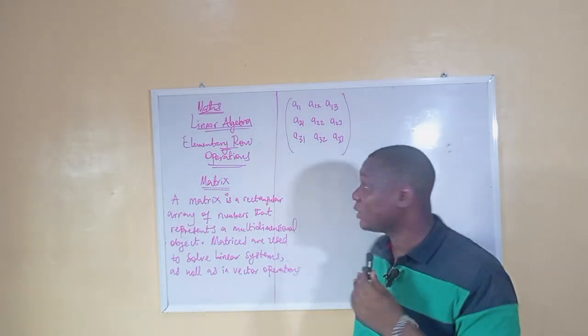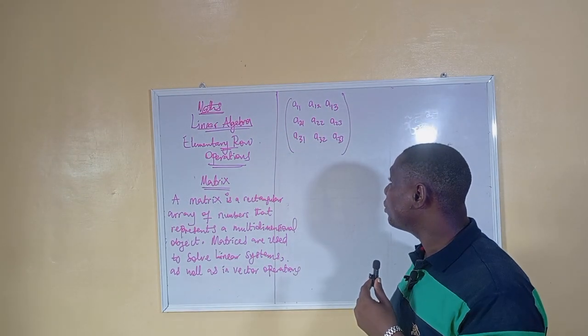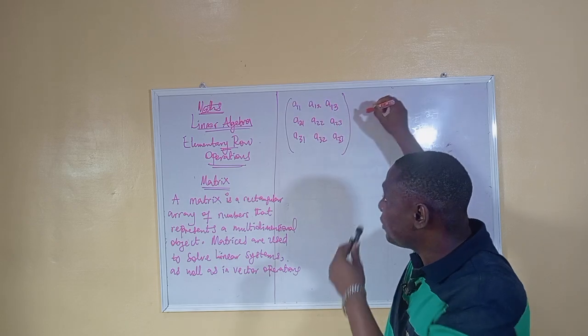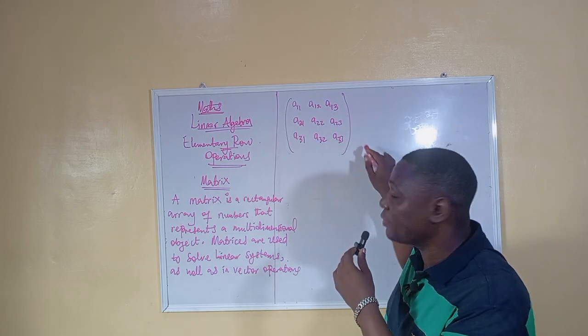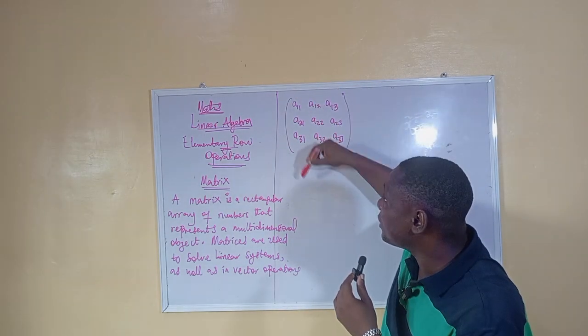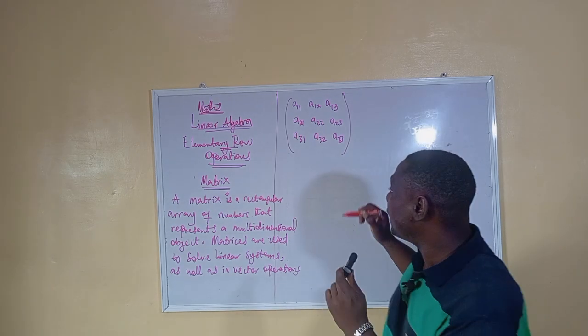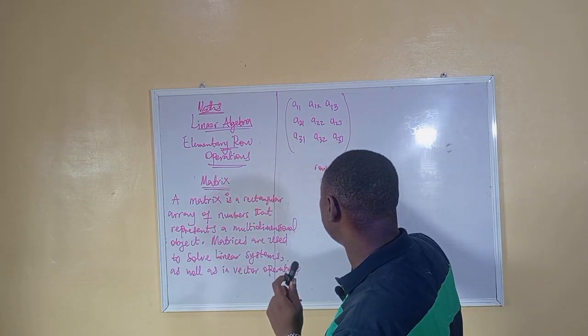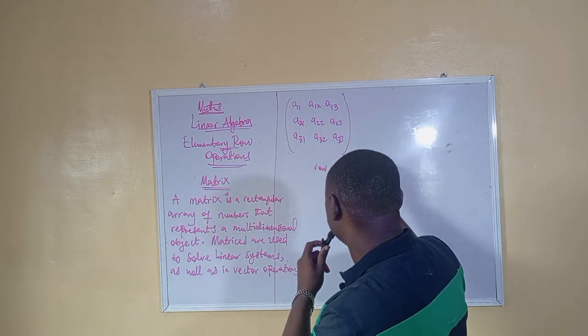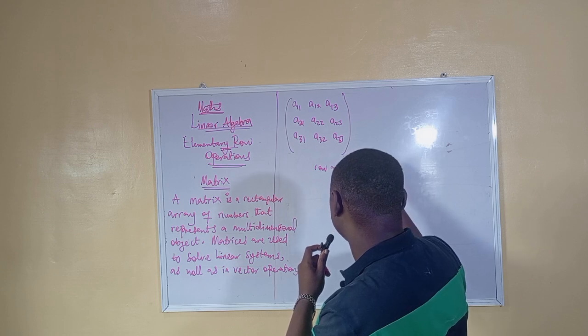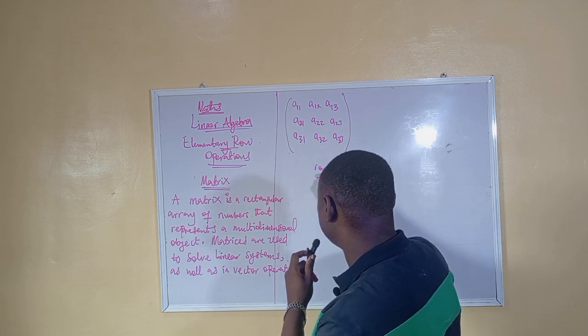This is what a matrix looks like. It has rows and columns. The rows are horizontal and the columns are vertical. So these are the rows. Rows are the horizontal entries.